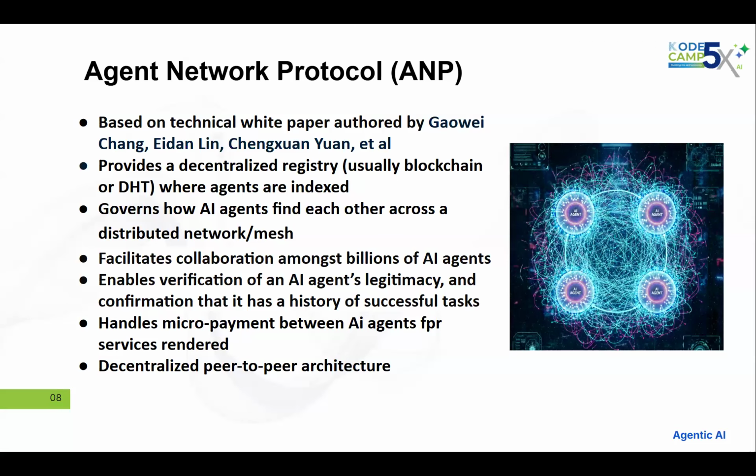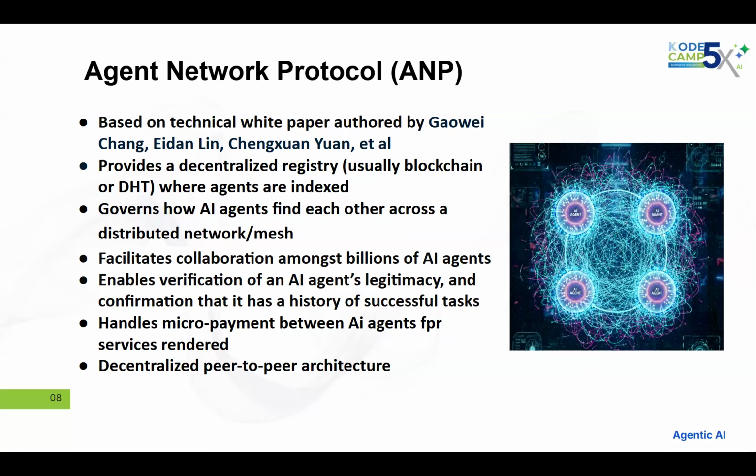You can then engage that agent to provide the service that you want. The idea here is decentralization, perhaps using a distributed hash table or a blockchain.